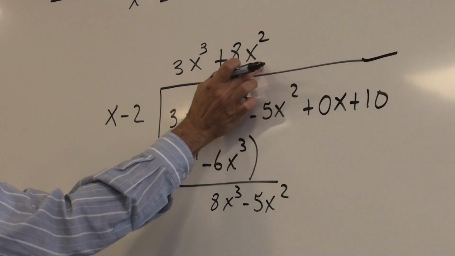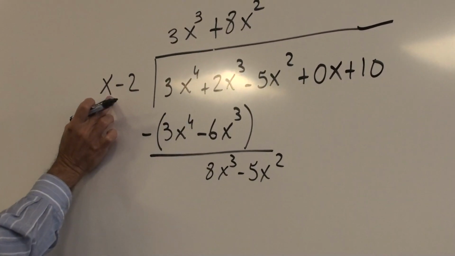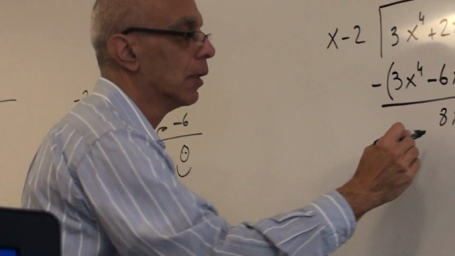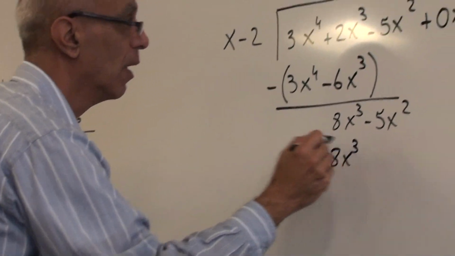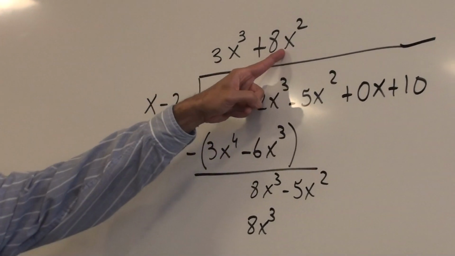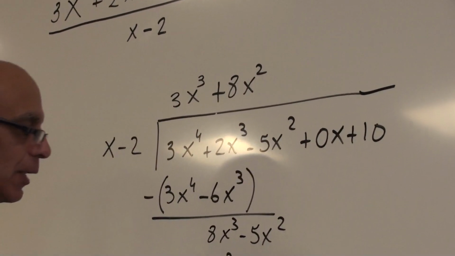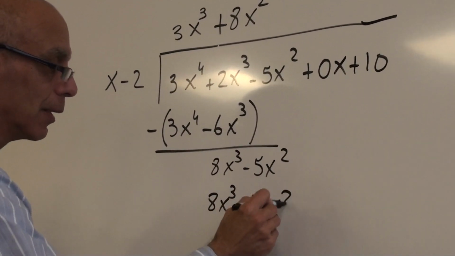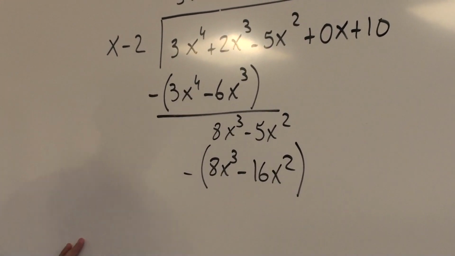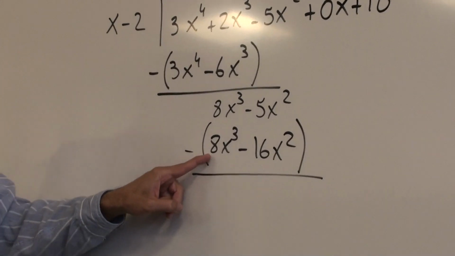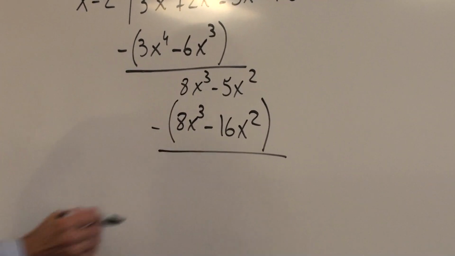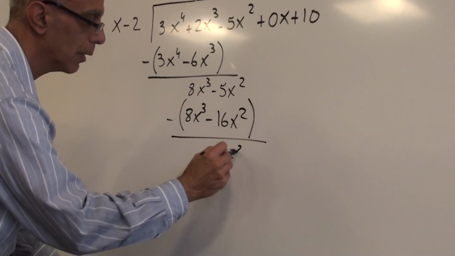Because 8x squared times x is 8x cubed. Okay? So I do that. Don't forget to multiply -2 also by this, so it's going to be -16x squared. Parentheses, negative. Distributing the negative, it's going to cancel, it's going to be positive. So I'm going to have here 11x squared.